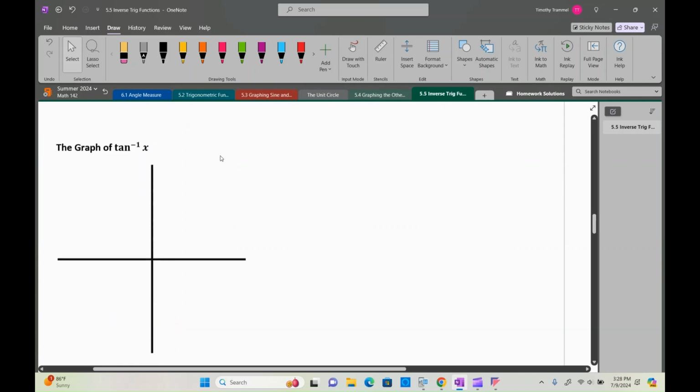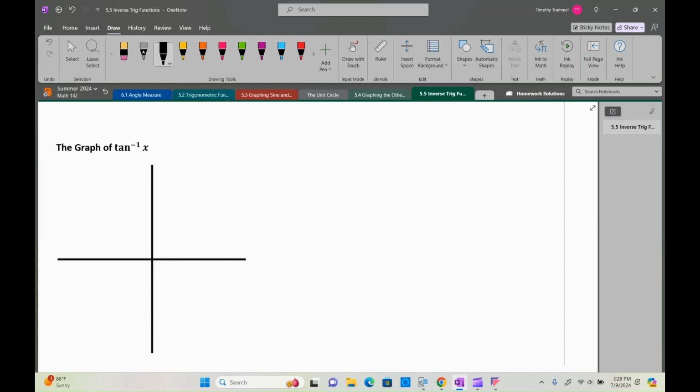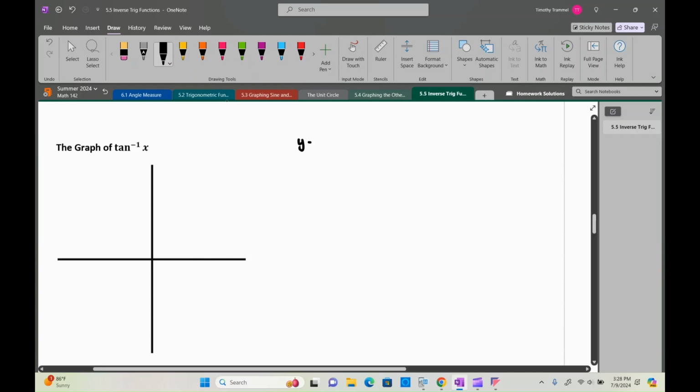Okay, so the last one here. So let's go ahead and write in what our restricted domain is this time. And then we'll eventually be able to write in the domain and range for both of these.